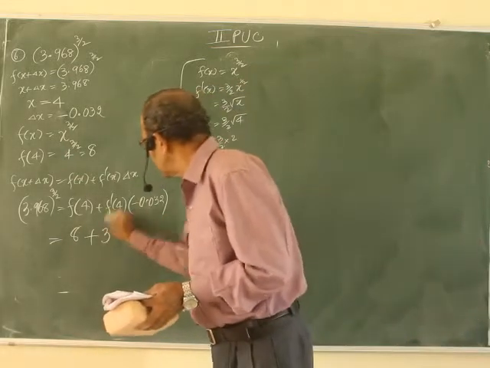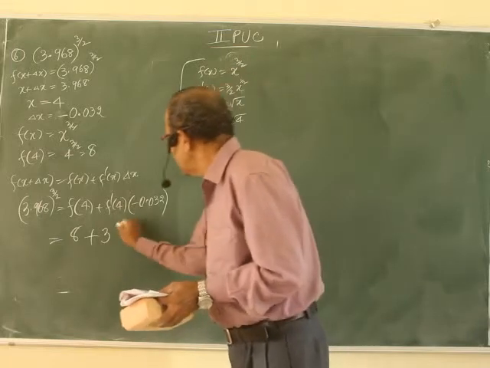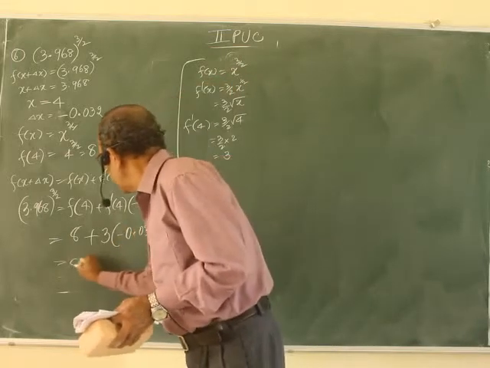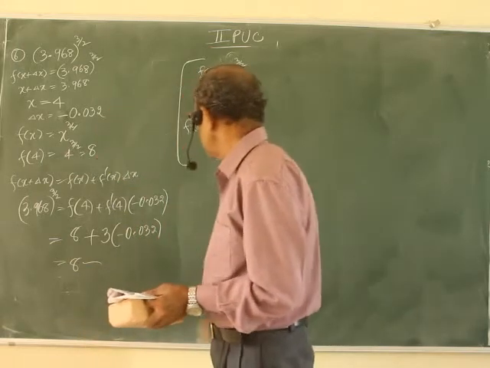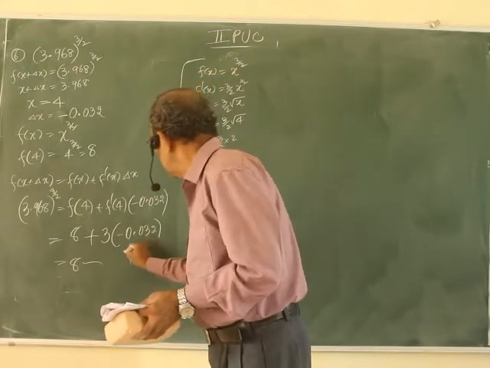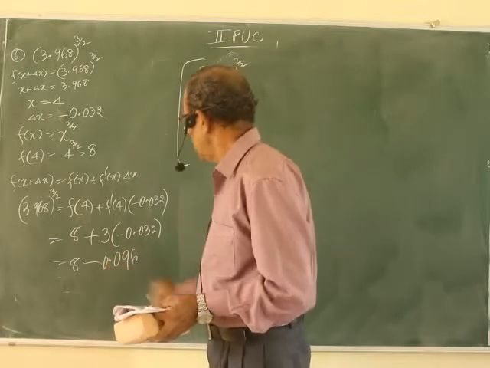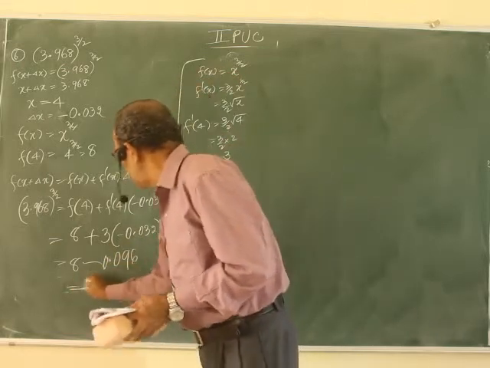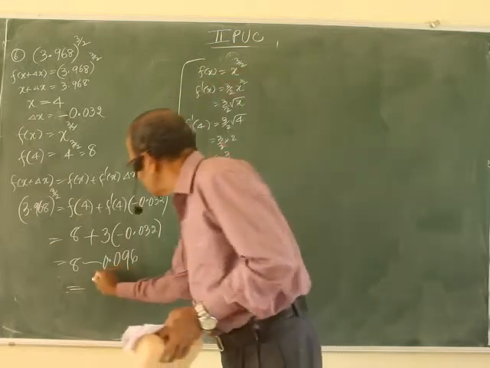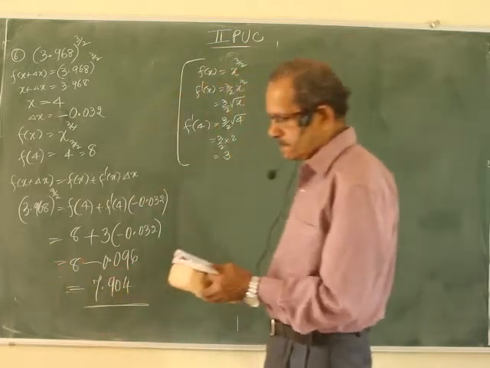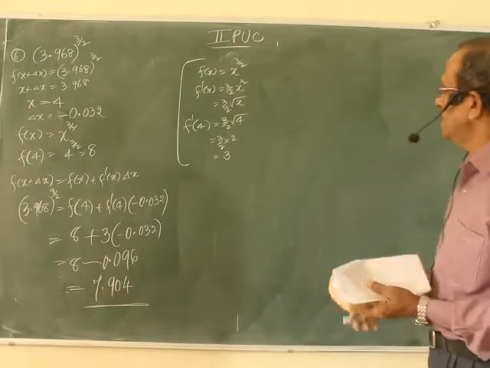F dash of 3 into minus 0.032. 8 minus... final answer is 7.904.